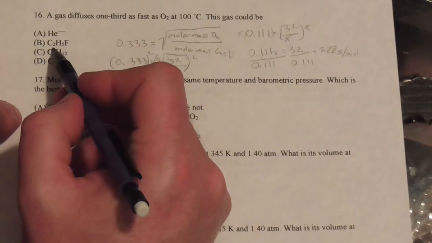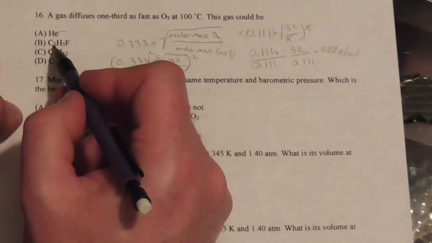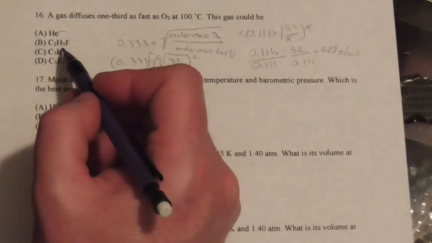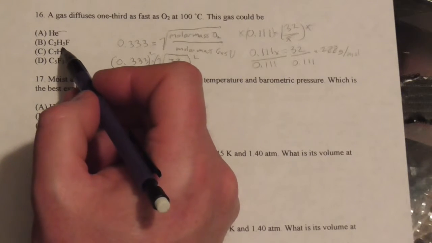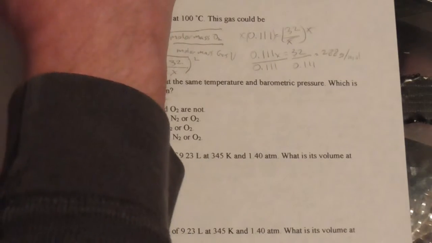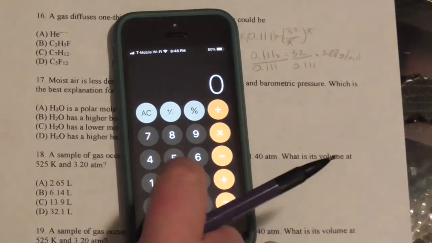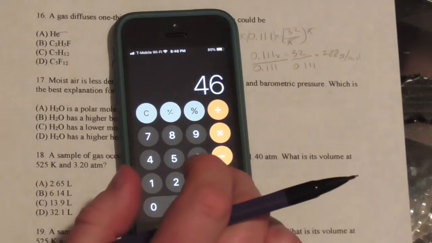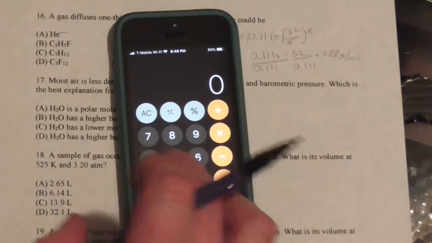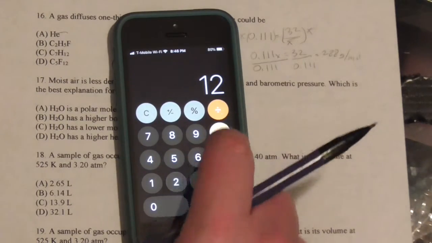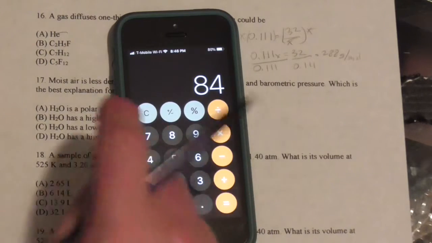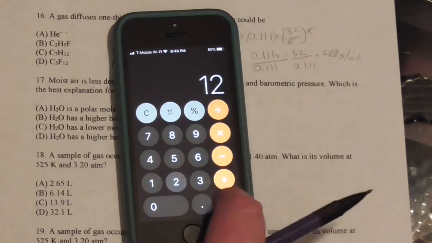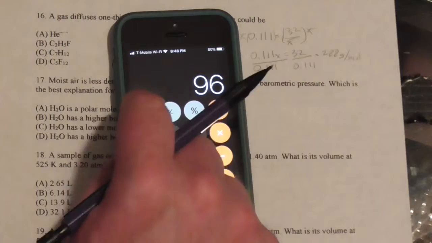This is 12, 24, 24 plus 5 is 27, 27 plus 19 is 46, far too small. 7 times 12 is 84 plus another 12, still far too small.